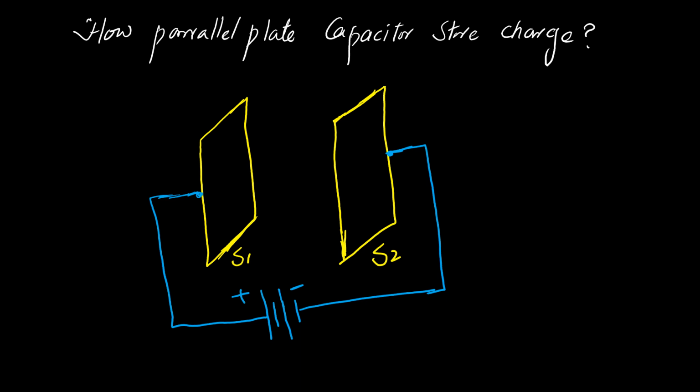The potential difference is created due to the positive and negative terminals of the DC power source, and the role of the positive terminal is to pull electrons toward itself, whereas the negative terminal pushes electrons away from itself.